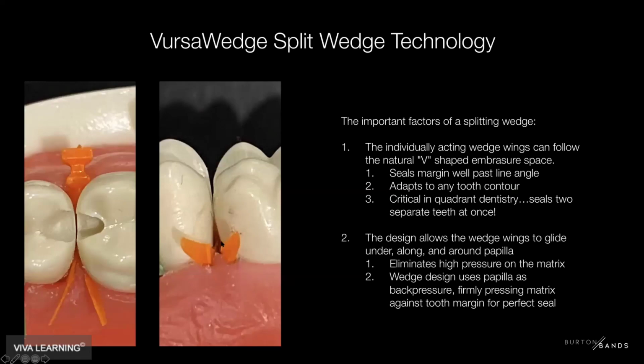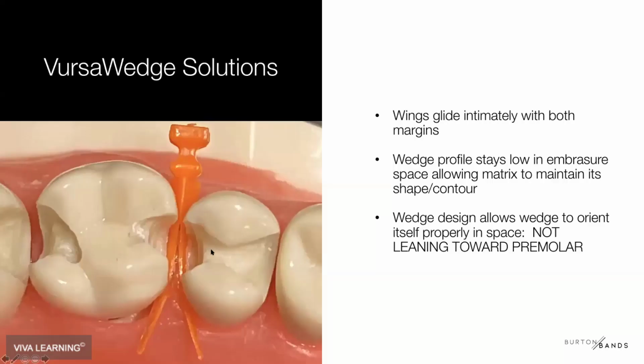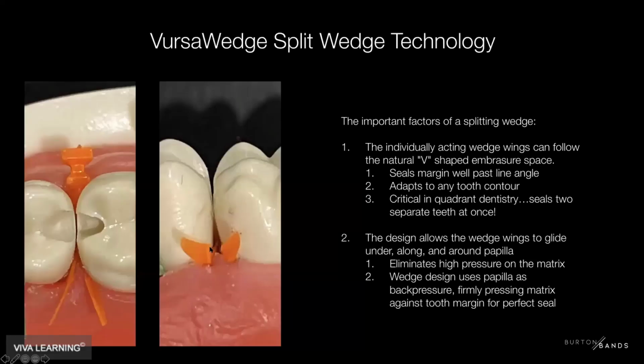But it also stays low in the embrasure, and that's allowing the matrix bands to do matrix bands things. There's no crest to the wedge in this area impinging on the matrix bands or causing them to want to tilt in either direction. It's just wedging, sealing these gingival margins, and letting everything else do its thing.